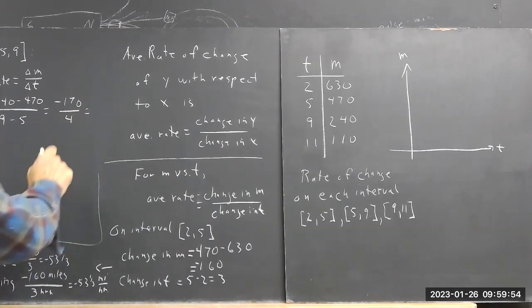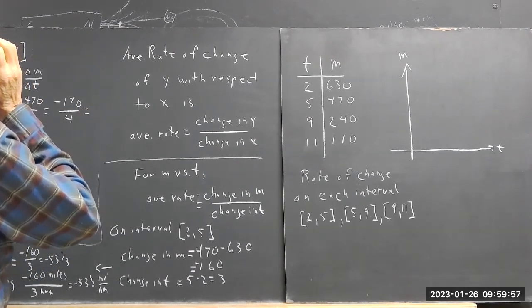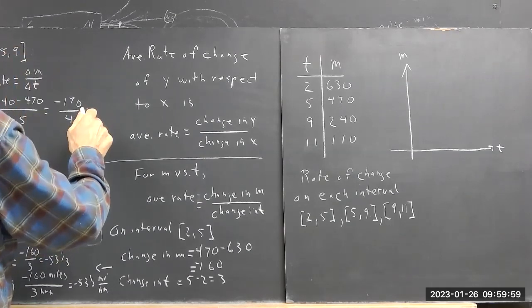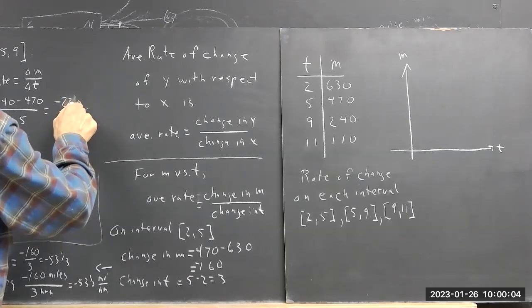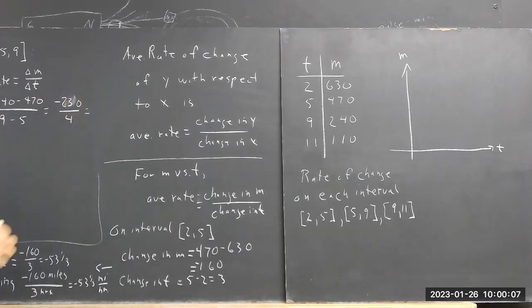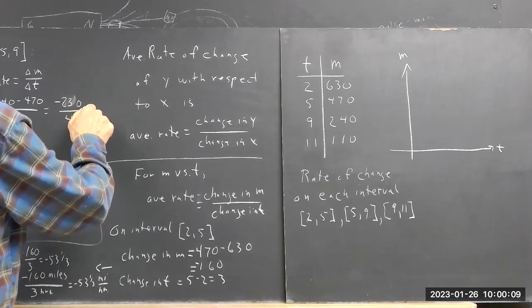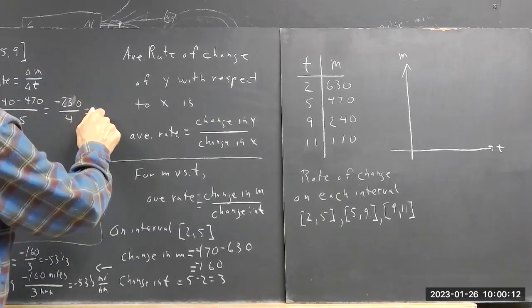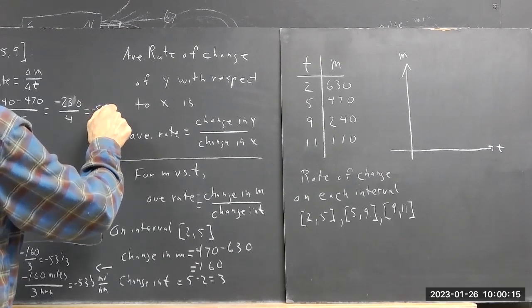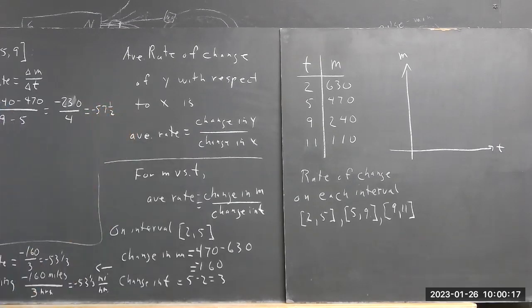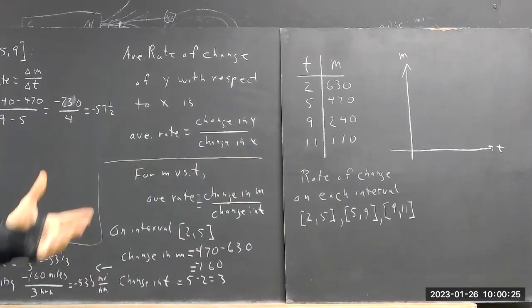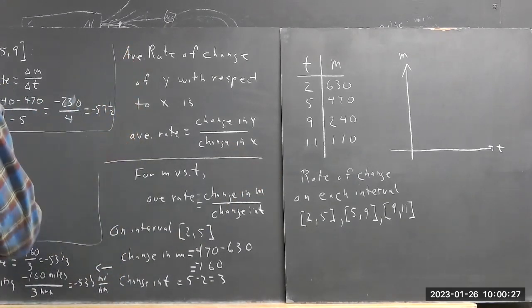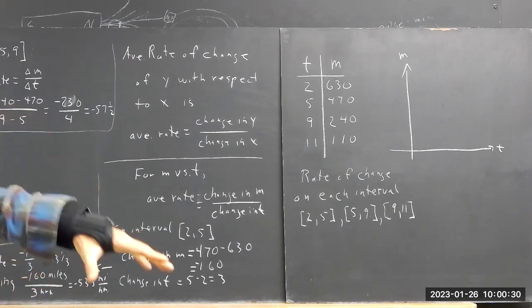Too early in the morning for you and me. Okay. And that's negative 57 and a half, meaning 57 and a half miles an hour, going in the direction of decreasing mile markers.